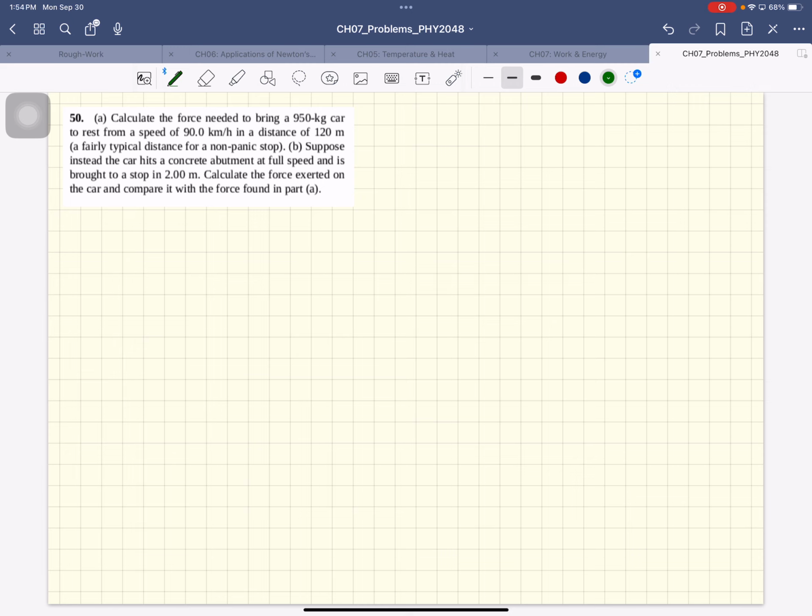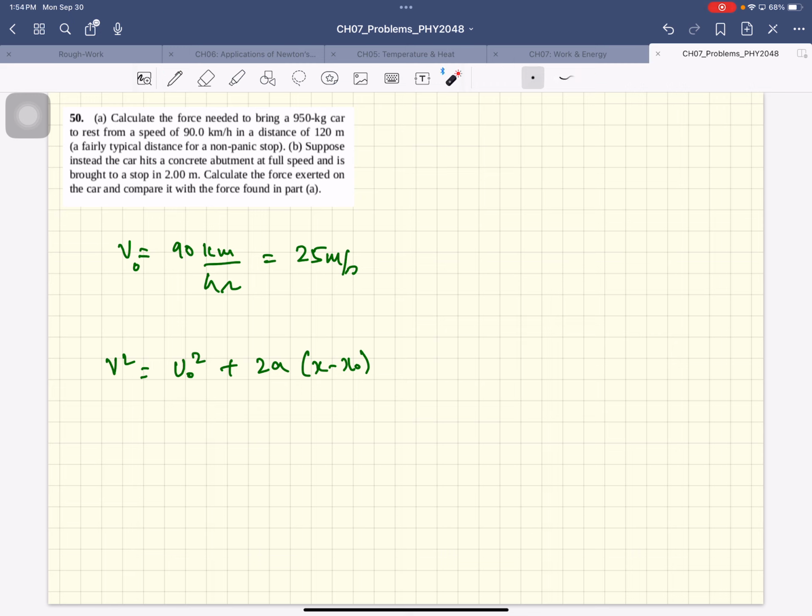So let's calculate the acceleration. V naught is 90 kilometers per hour. Okay, that's 1,000 meters. That's 3,600 seconds. So essentially, you divide that by 3.6. So your final speed is 0. Your initial speed is that.